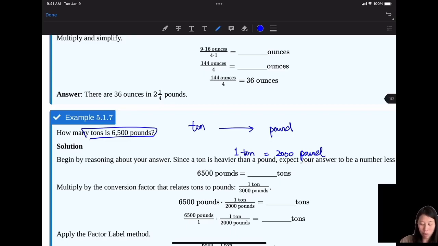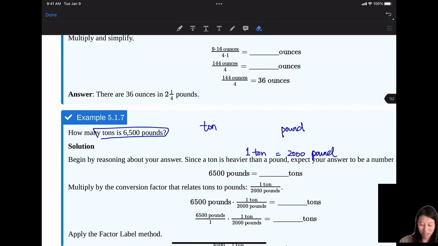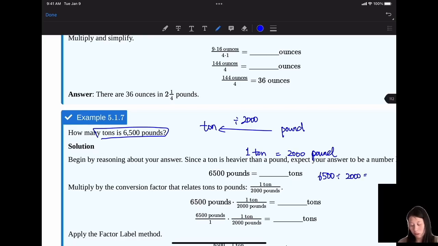From pound to ton, from a smaller unit to a larger unit, we need to divide by the conversion factor. We want to divide by 2,000. So now 6,500 divided by 2,000. We use a fraction.